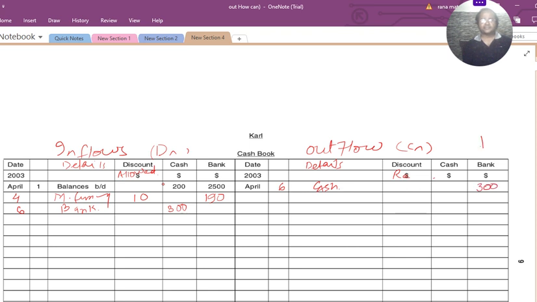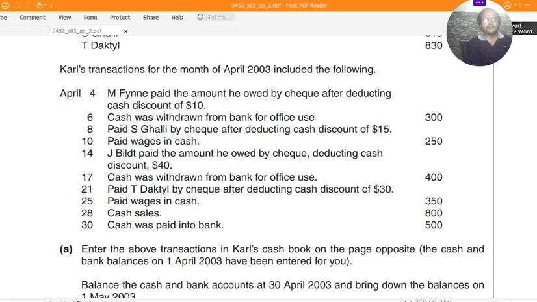An asset decrease is recorded on the credit side, and the cash increase is recorded on the debit side. So that is called a contra entry. A contra entry is an entry that has a double effect at the same time, with debit and credit, increase or decrease. The next transaction is that we paid S Gilly by check after deducting cash discount of 15.